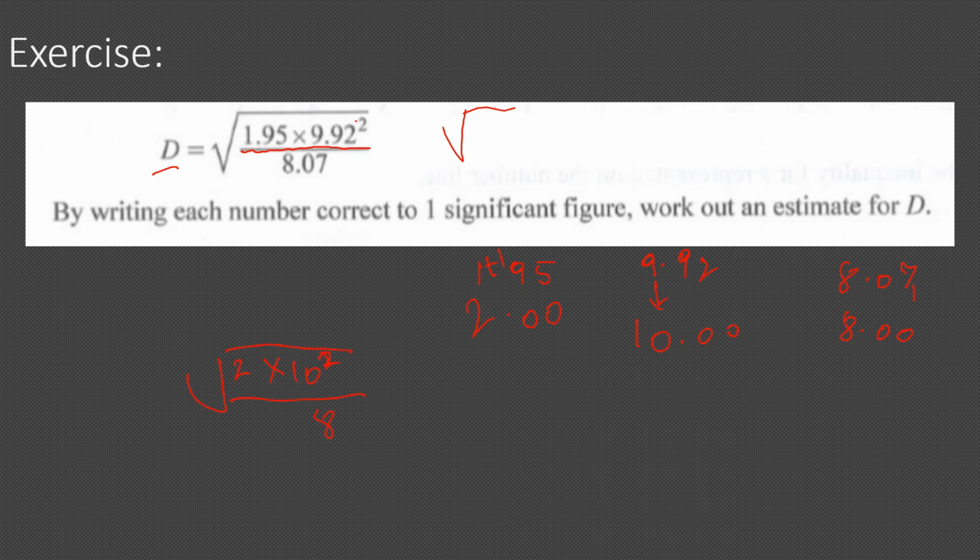And then through some quick math, we can say square root of 2 times 100 squared over 8, which becomes 200, or rather square root of 200 over 8. I made a mistake here. This should be 8. So 200 over 8, when you put it in your calculator, becomes 25. And so this becomes root of 25. And root of 25, remember from one of my older videos, turns into 5. And so the final estimate for D will be 5.